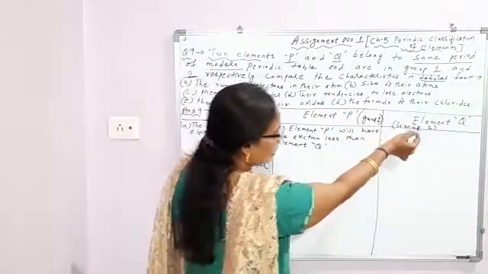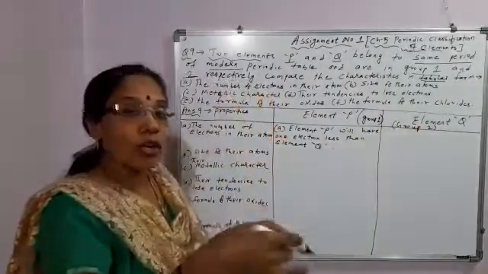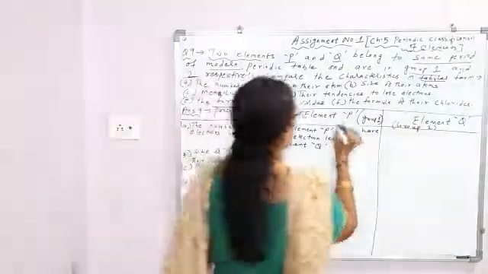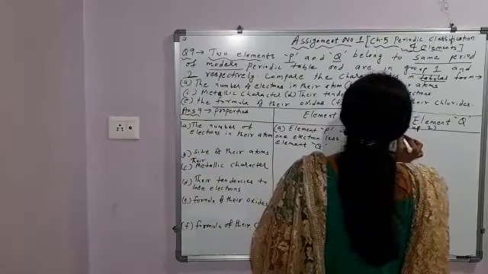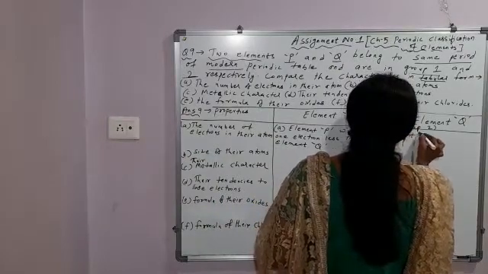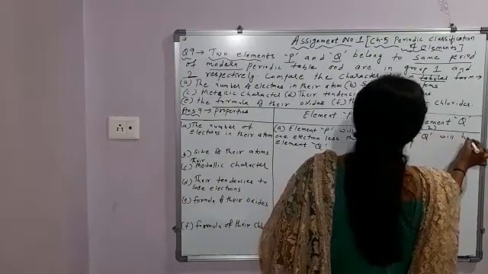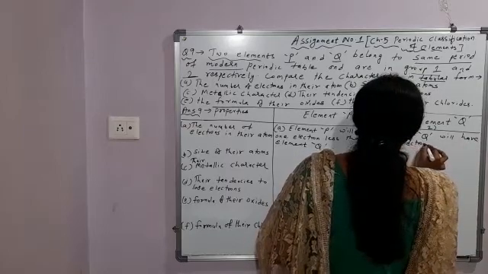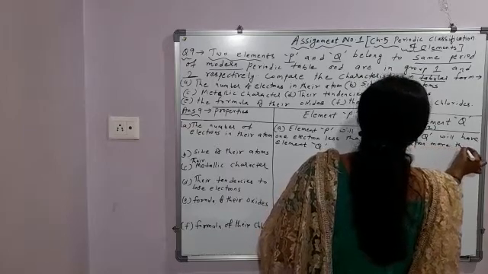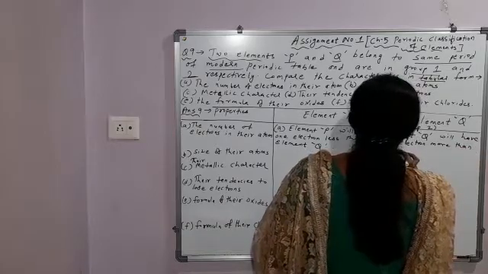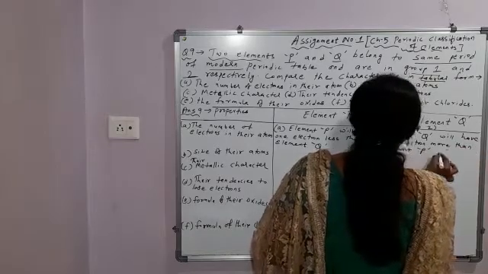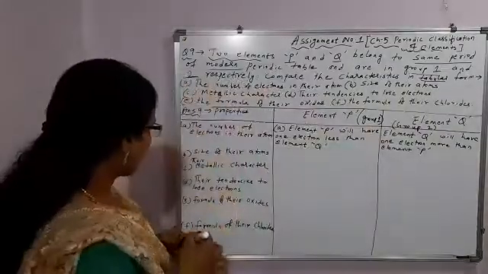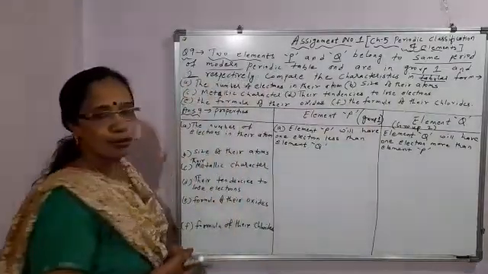And how many electrons will this Q have? 1 electron more than element P. So element Q will have 1 electron more than element P.